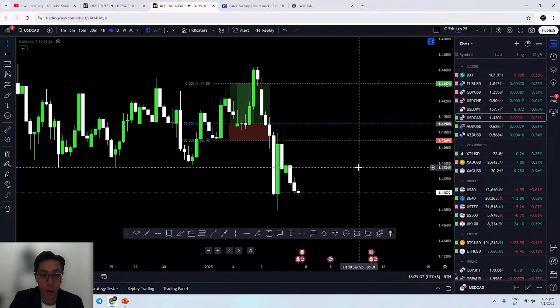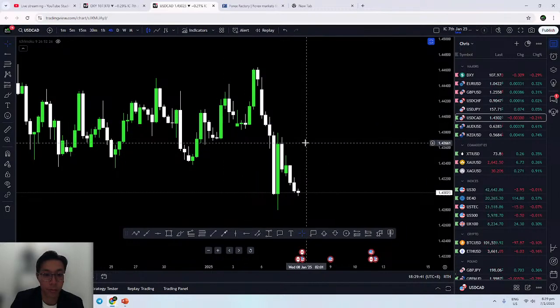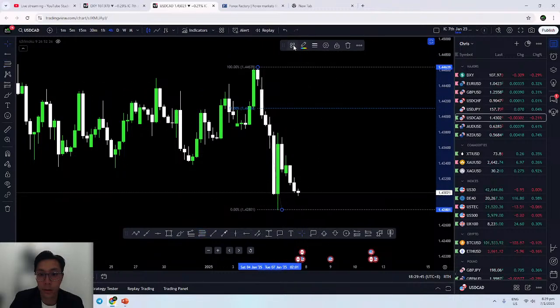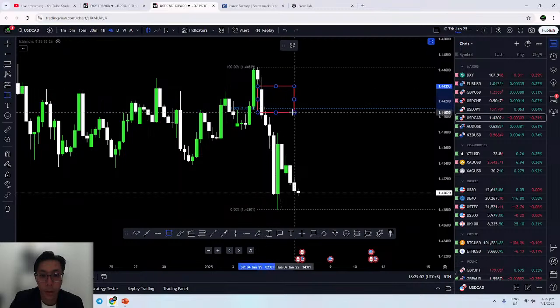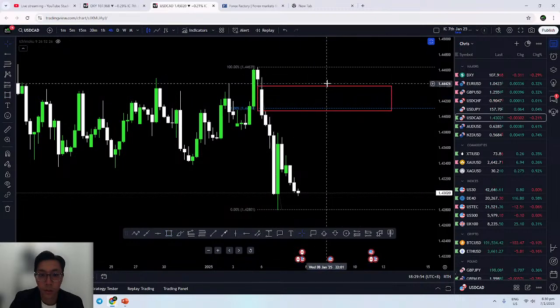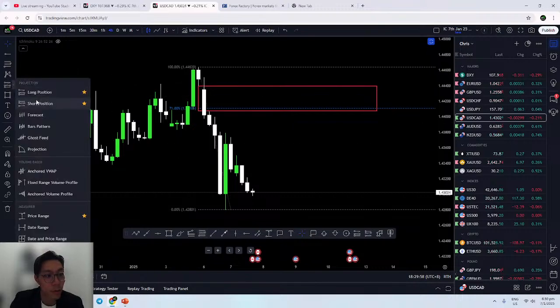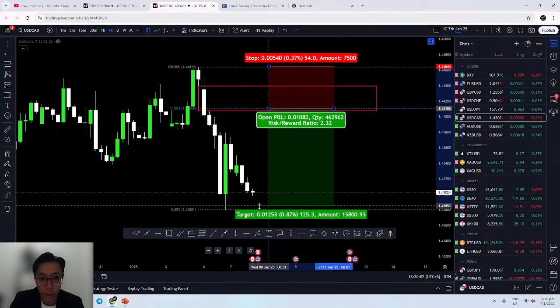Then another one that I'm looking at is this pair right here. We have H4 right here, so I'm aiming for price to come to this level. Then I just take a shot, then target this level.